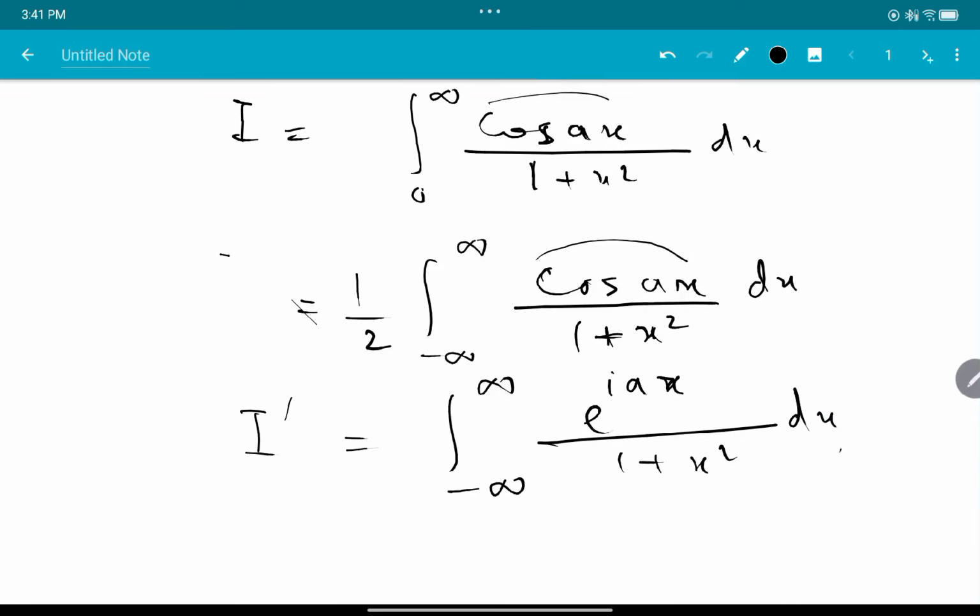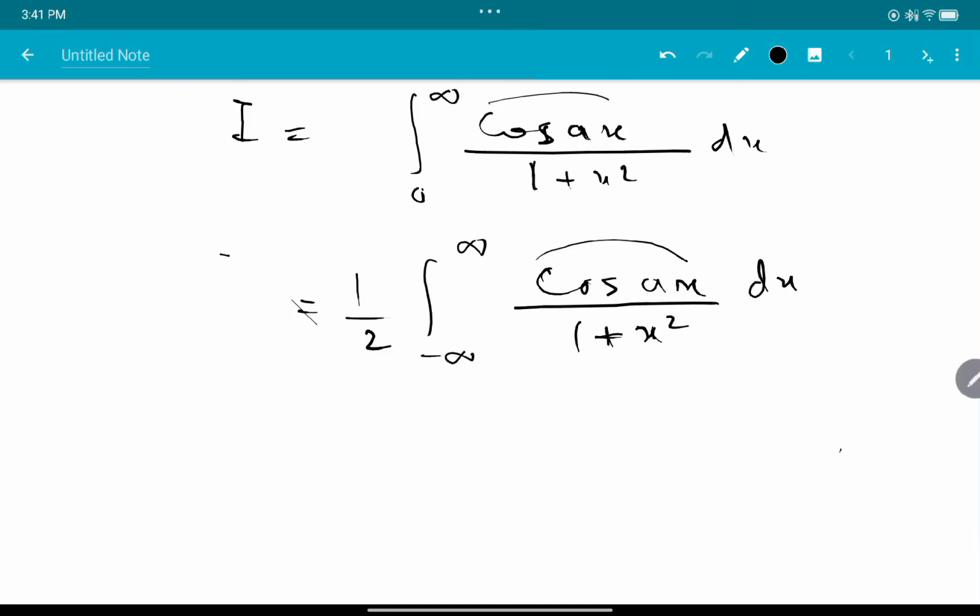Why do we do this? Let us first try with this itself to see where the problem is and what is the nature of the problem. We try it in order to utilize Cauchy's residue theorem.